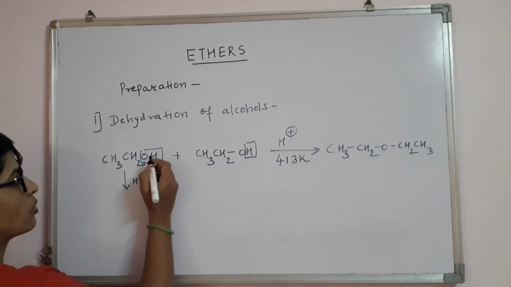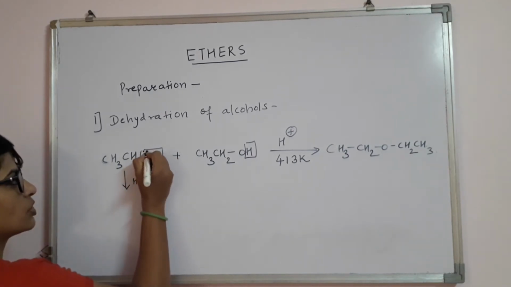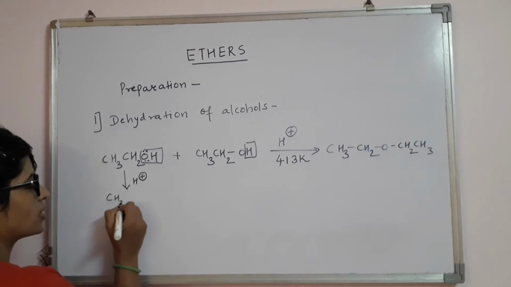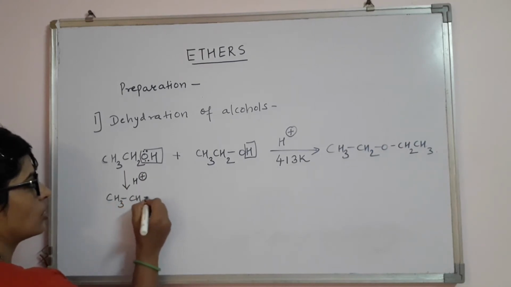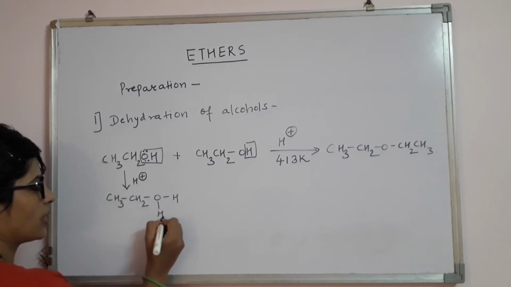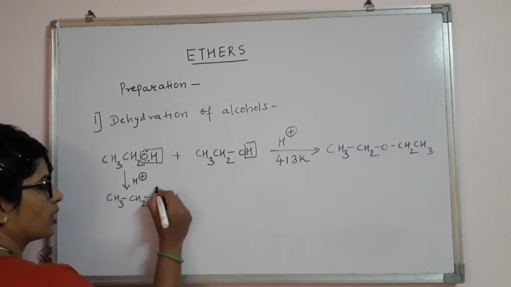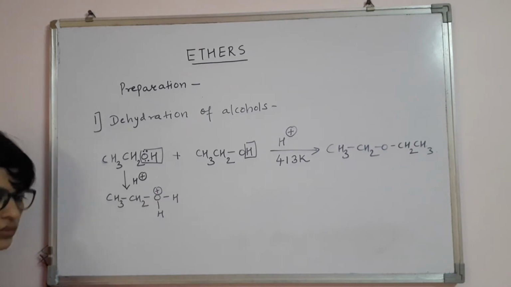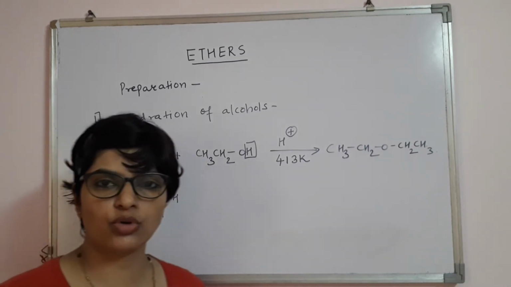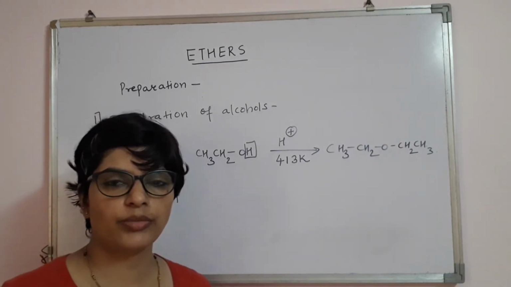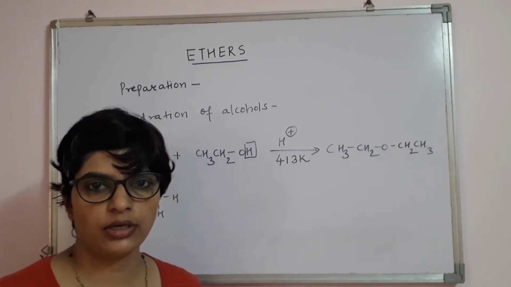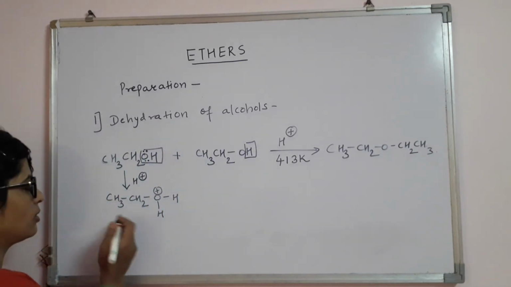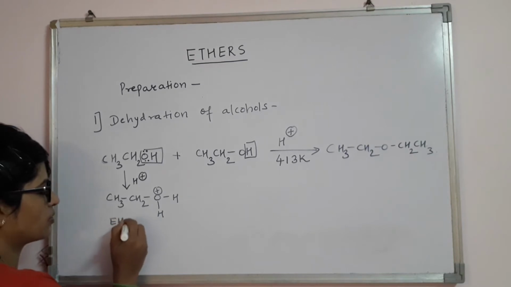The H+ will get attracted towards the oxygen's lone pair, and we will get CH3CH2OH with another H connected on the oxygen atom, so we get a positive sign. So the first step is known as protonation of alcohol and formation of oxonium ion. We will get ethyl oxonium ion as the species here.